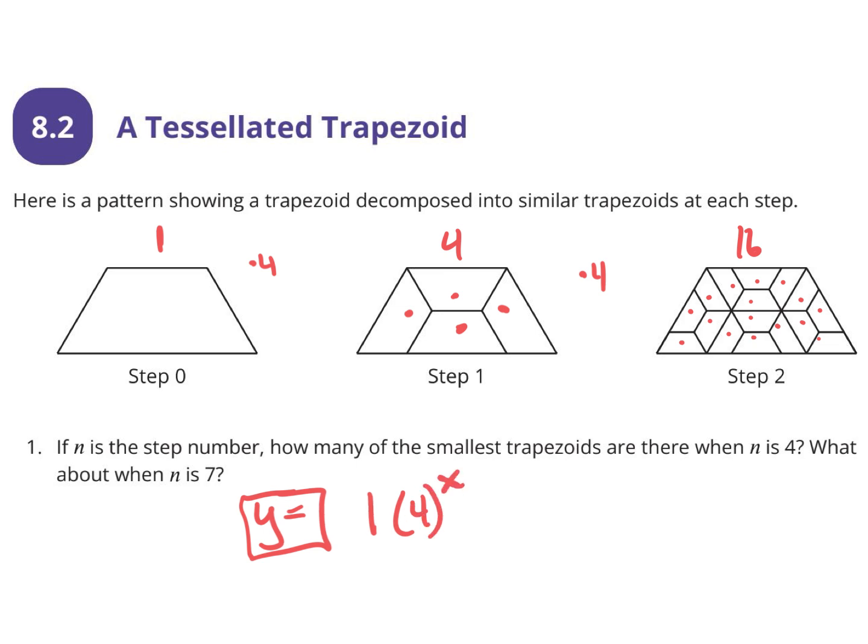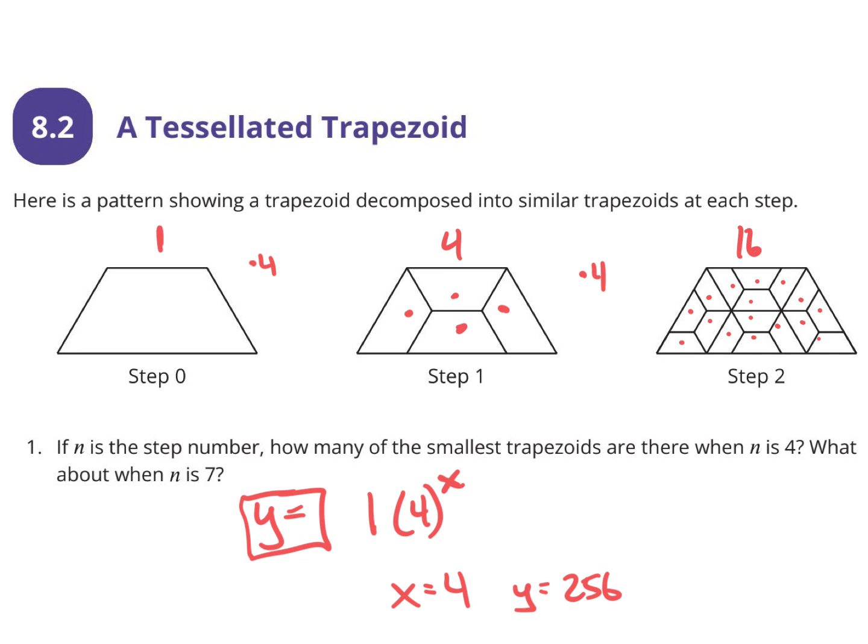We can't put n into the calculator. And then hit second graph, and then just scroll down to when x is 4 and when x is 7. And what do we get? When x equals 4, y equals 256. So in step 4, there are 256 trapezoids.